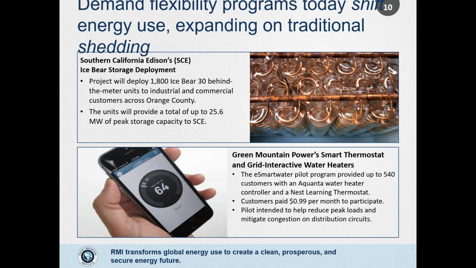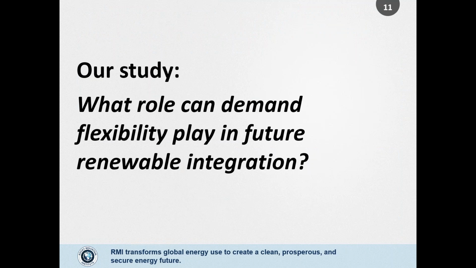These programs were designed to address peak load and also benefit distribution operations. In both of these programs, the utilities control the technologies in the aggregate, under certain parameters that customers agree to. This brings us to our study, which is what role demand flexibility can play in a future with high renewables on the system.